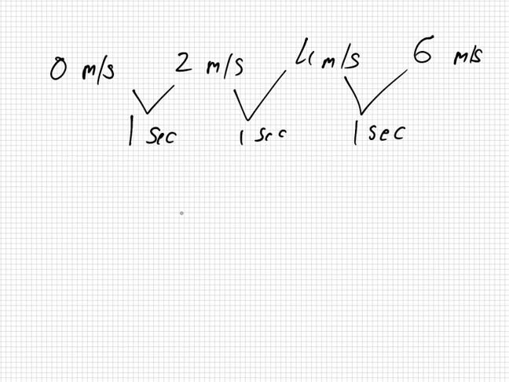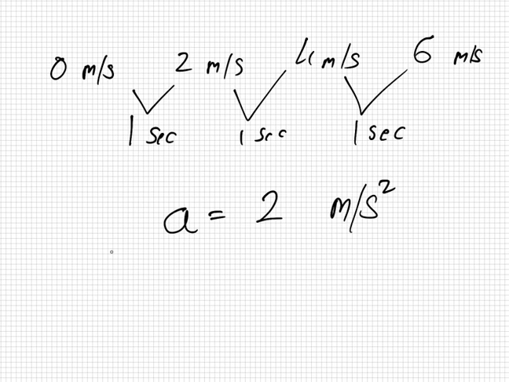So the bus is getting faster. How much faster is it getting? It's getting 2 meters per second faster each second. So this is what we mean when we say acceleration is 2 meters per second squared. It means every second it gets 2 meters per second more.